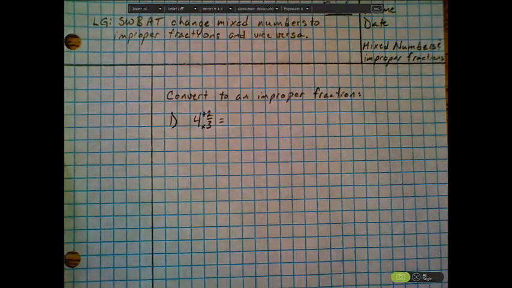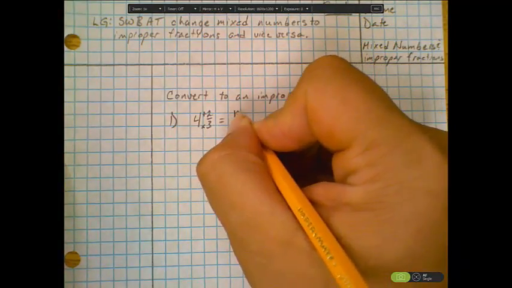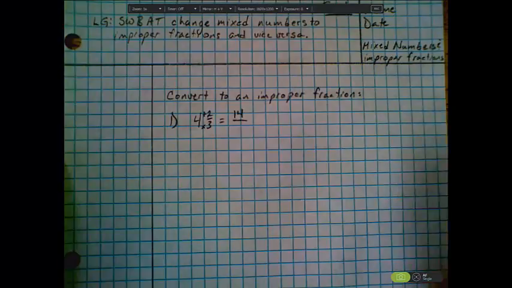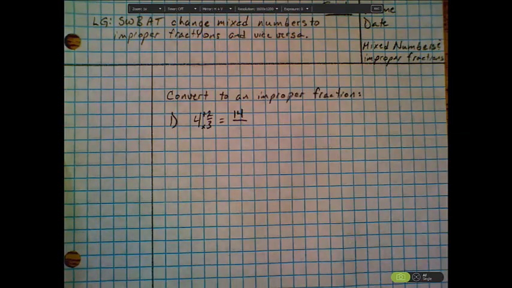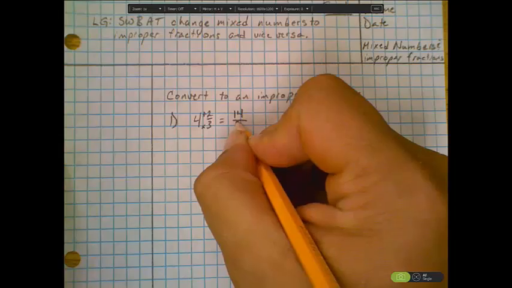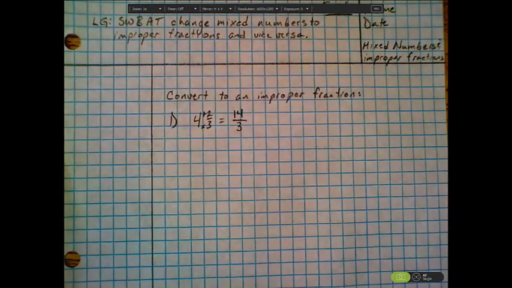So 12 plus 2 is 14. So we're going to write 14 as the numerator of our improper fraction. And then we keep the same denominator. So we're going to keep the 3. So 4 2/3 has the same value. It means the same thing, represents the same amount as 14/3.